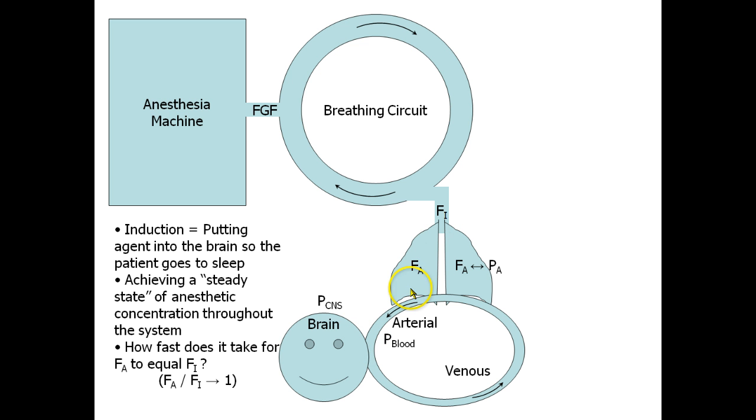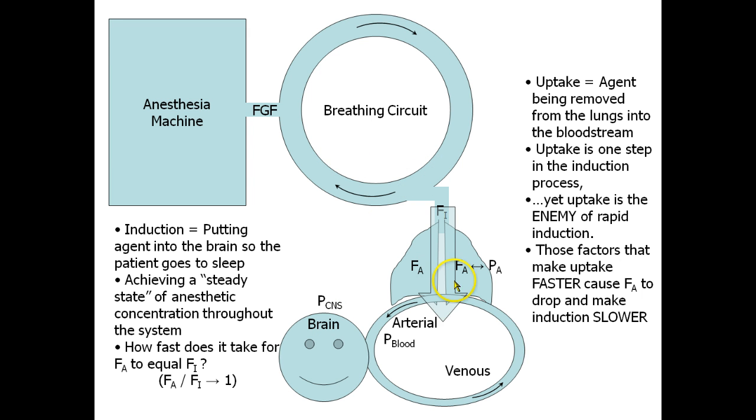And so every time I try to build up Fa, it leaks out and goes this way. And when Fa is finally able to build up, I'll know that, remember, partial pressures equilibrate. Fa is proportional to Pa. So when Pa has built up to a certain level, I know that it's the same in P blood, it's the same PCNS, and this is the process of induction.